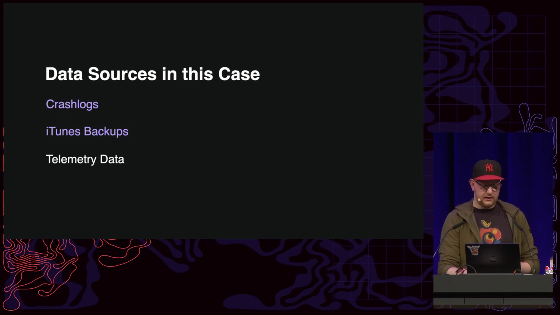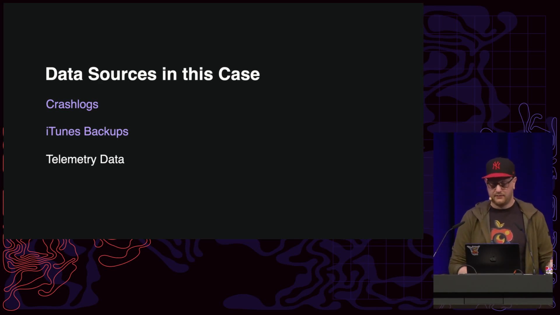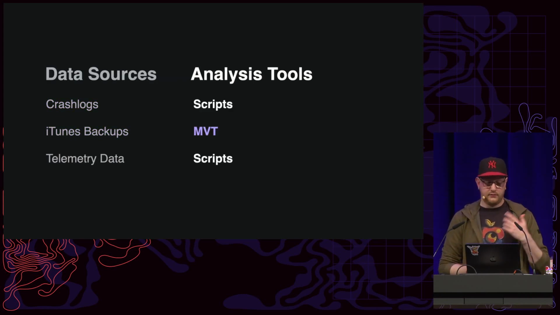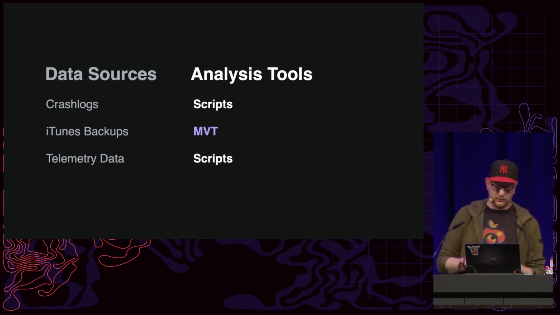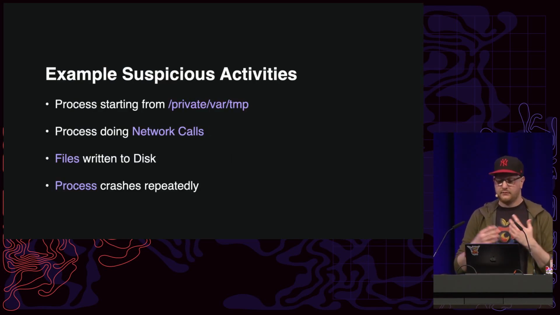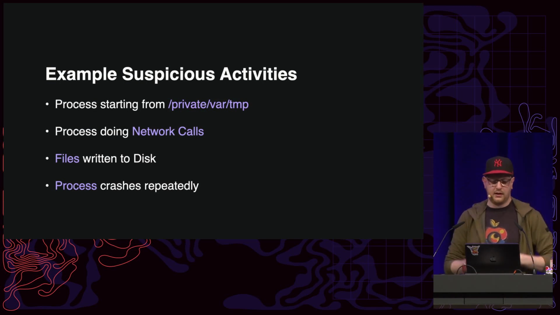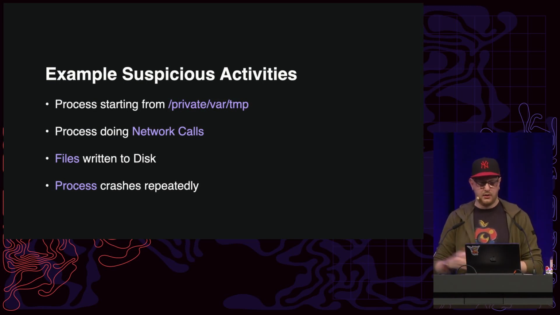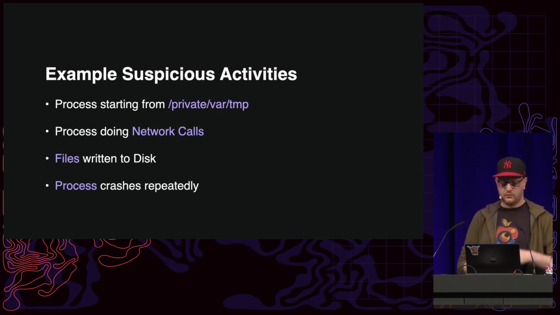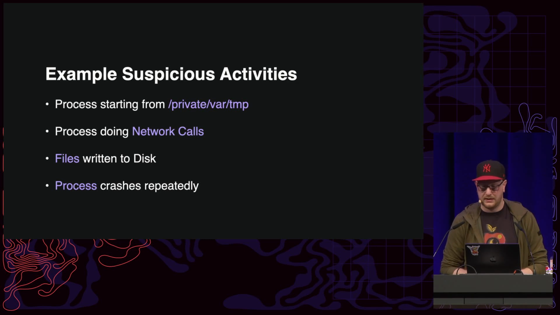The data sources I had available at the time were crash logs, an iTunes backup, and some telemetry data. The analysis tools I used were some scripts and MVT, and some scripts for checking the telemetry data as well. I was trying to find any suspicious activity like processes executing from temp, processes doing dedicated network calls, specific files written to disk, or processes crashing repeatedly.